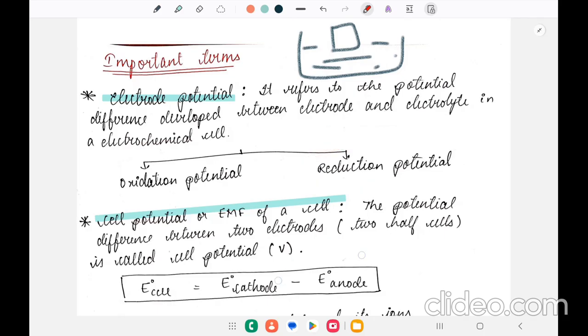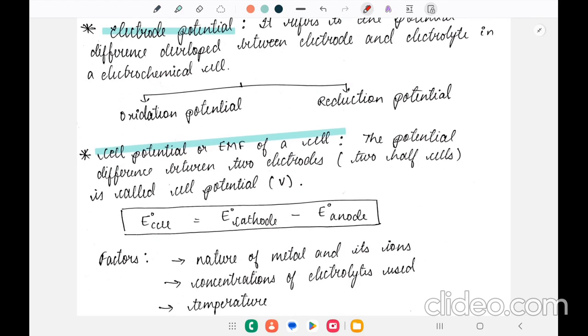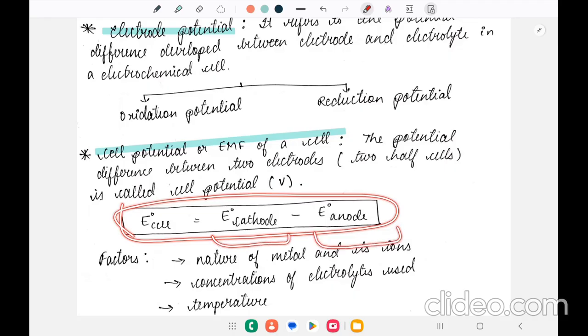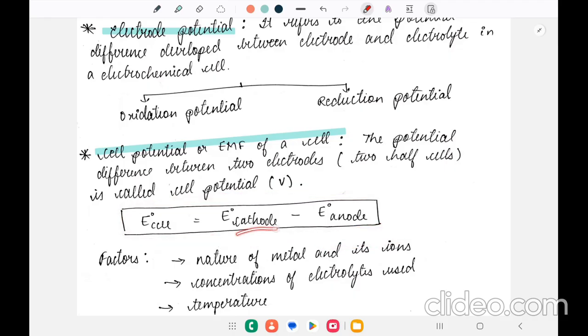Moving to the next one, that is cell potential. So the cell potential is the potential difference between two electrodes, that is the two half cells, and the formula is E° of cell is equal to E° of cathode minus E° of anode. Here we can understand that at the cathode reduction will occur, at the anode oxidation will occur.